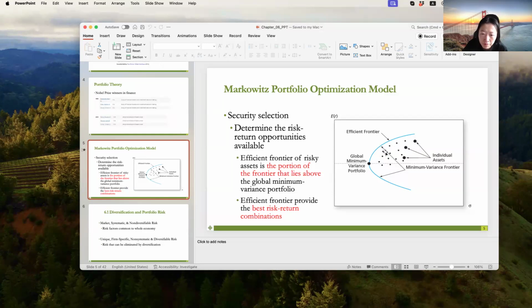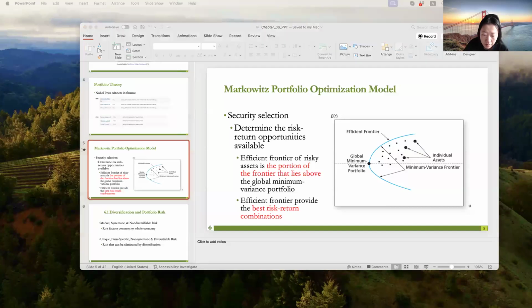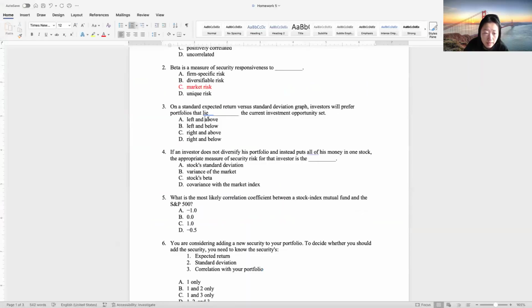So therefore, we want the portfolio going towards the upper left direction. If there is another efficient frontier with more available individual assets that has a curve that is more curving towards the upper left, then that efficient frontier will be even better. So going back to our analysis, it's going to be lying on the left and above.